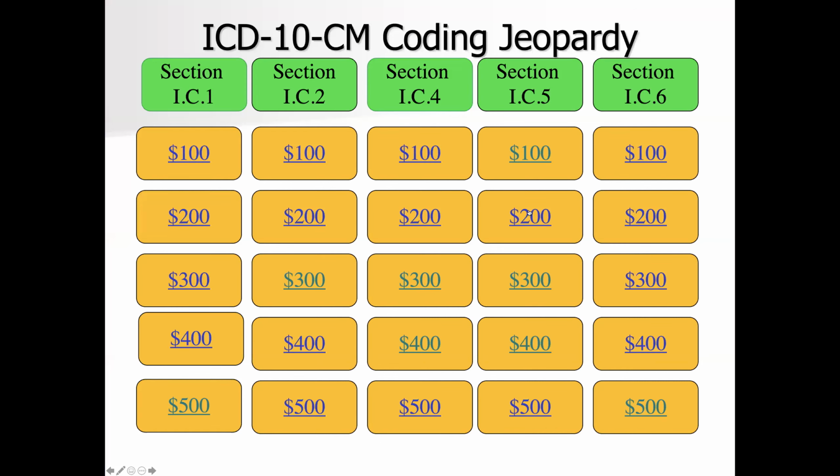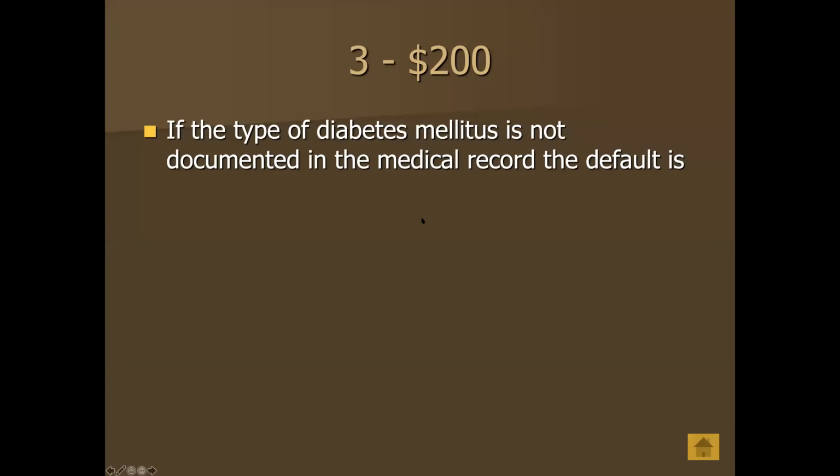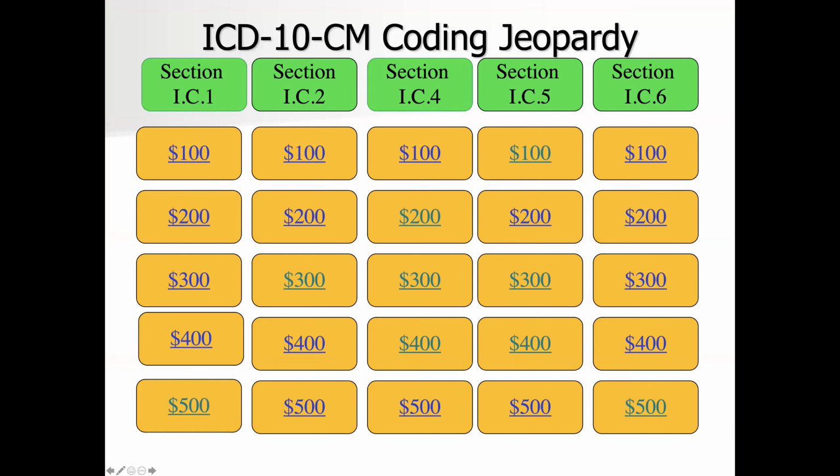Back to Lisa. I'll do 4 for 200. If the type of diabetes mellitus is not documented in the medical record, the default is... What is type 2 diabetes mellitus? That is correct. Back to Destiny.